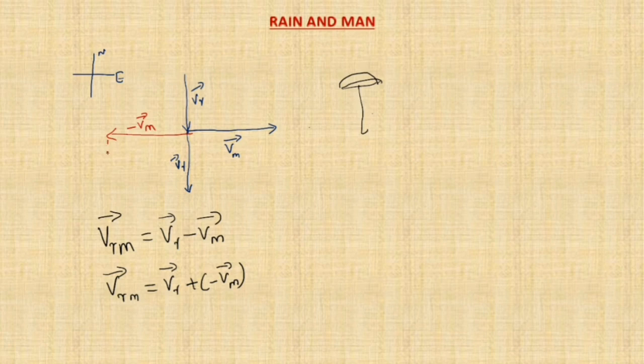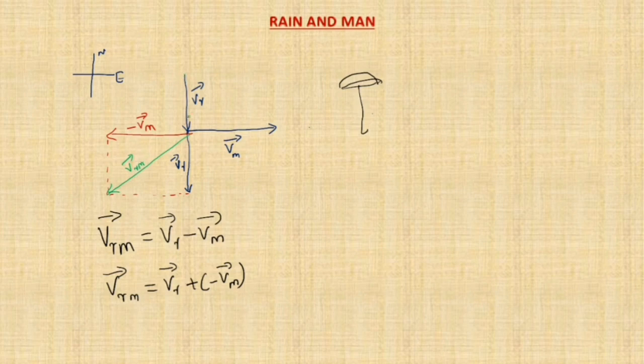Now how to calculate the resultant of minus Vm and Vr? Once again we have to construct the parallelogram and find the resultant. Draw the diagonal. This will be the direction of the resultant. That is Vrm, relative velocity of rain with respect to man.